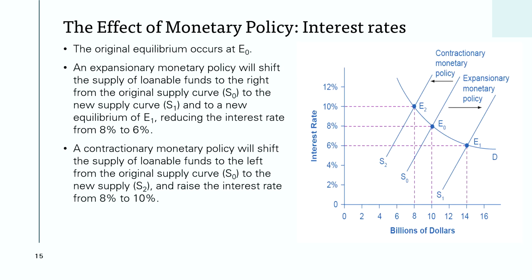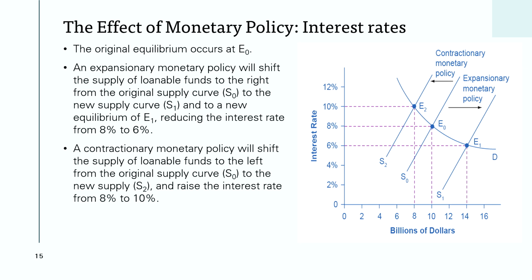In this diagram, the original equilibrium interest rate is 8%. When the Fed uses expansionary monetary policy, the supply of loanable funds increases, shifting the supply curve to the right. The new equilibrium occurs at a lower interest rate, in this case 6%.